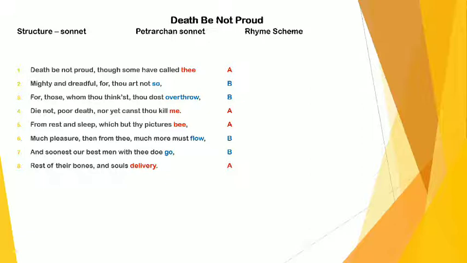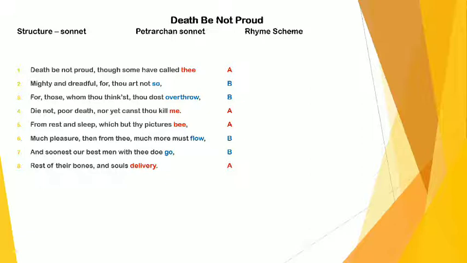They are BB, and the last word of line number 4, me, rhymes with thee. A B B A. Similarly, line number 5 ends with delivery, and line number 8 also rhymes together with line number 1 or 4, 5 and 8. These 4 lines rhyme together.